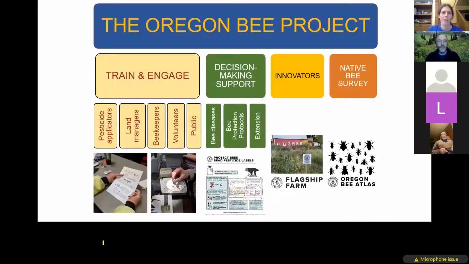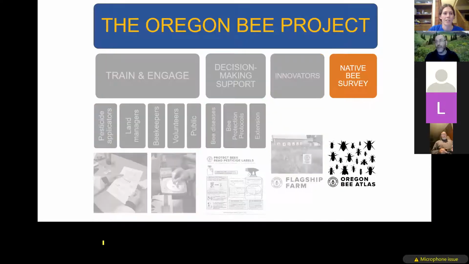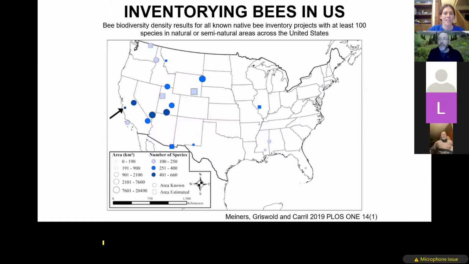Several years ago, the state passed a pollinator health bill, which created the Oregon Bee Project, part of which became the Oregon Bee Atlas, a statewide biodiversity survey. Through that, we've developed the Master Melittology Program. Now, there's a huge incentive to study native bees.